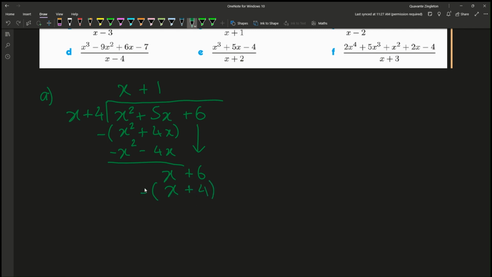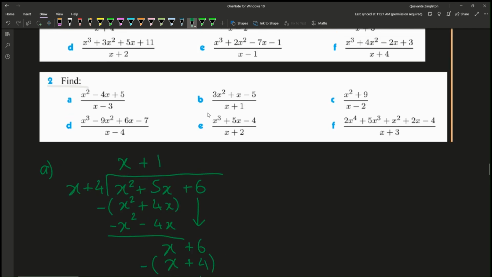Factor in that negative in the bracket, so you get negative x minus 4, and then you just subtract this from that. So x minus x is 0, and 6 minus 4 is 2. This is all we can do, because we don't have an x anymore, we just have a remainder.